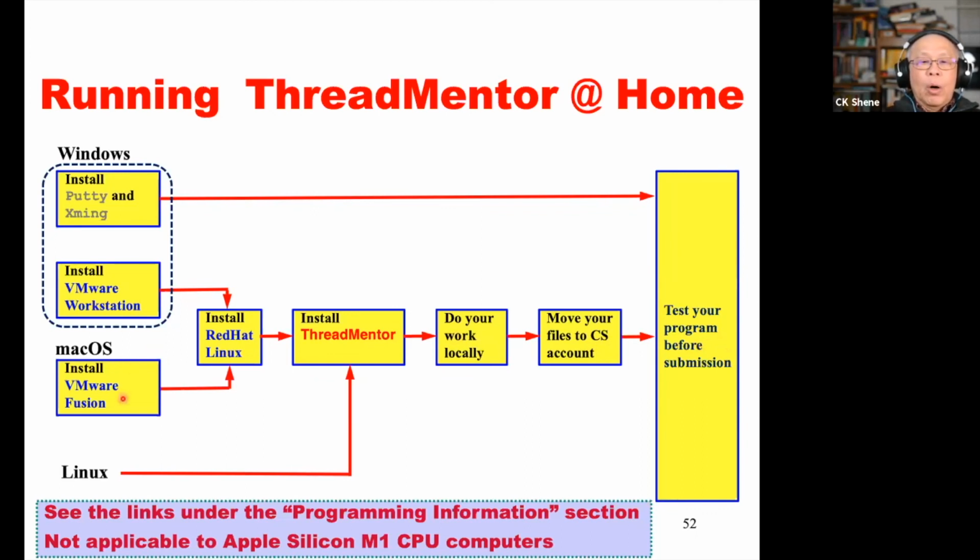So if you are using a Mac OS laptop or desktop, I'm not sure how many of you would use the Mac Pro. It's too expensive, but I feel quite comfortable in using an Intel version of Mac Mini.